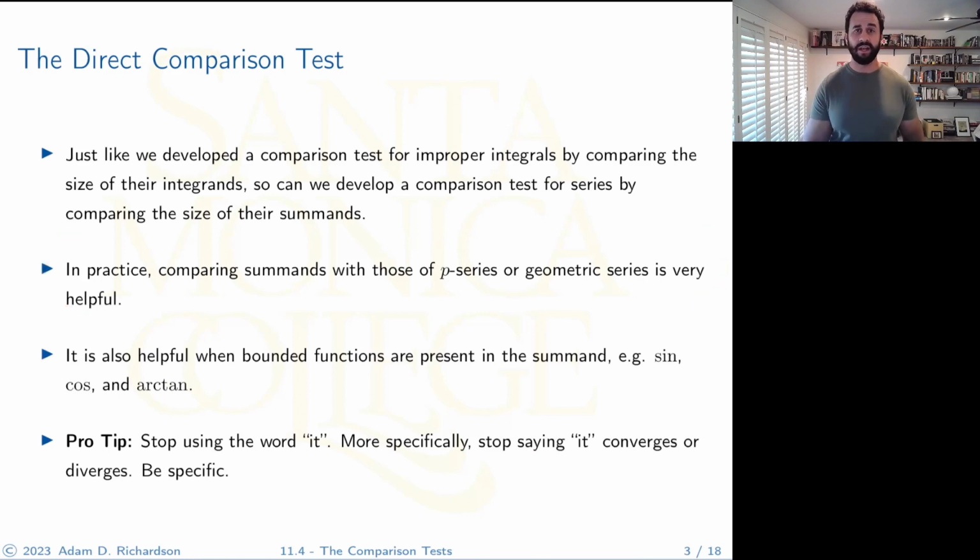In practice, this is why we had this result from last time. Comparing your summand to that of a p-series or that of a geometric series can be really helpful. The reason for that is we know about the convergence or divergence of p-series, and we know about the convergence or divergence of geometric series. So the general idea is you want to compare with something that you already know about.